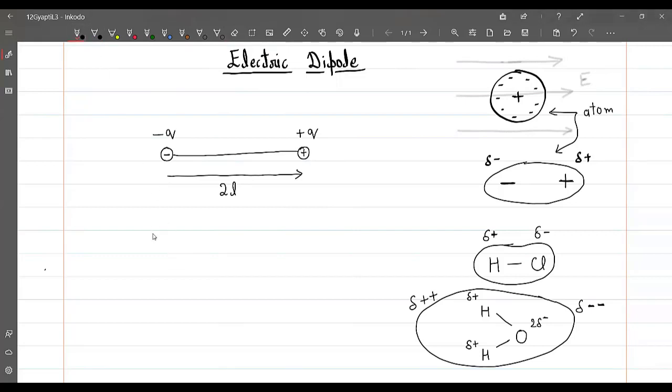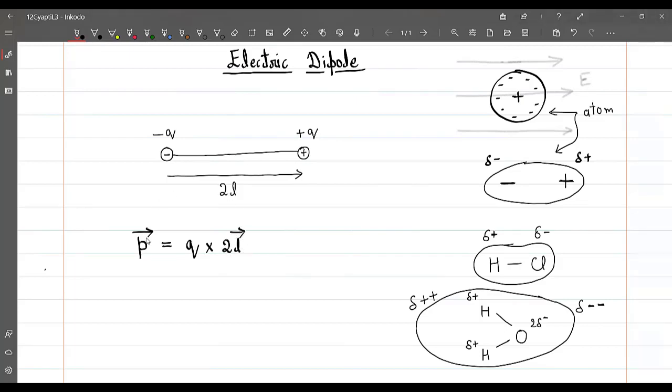What that means is we'll define a quantity known as P vector, which will give us the property of the system. So there are two things in this system. First are equal and opposite negative and positive charges. So first I will write that charge is a scalar. Then I need a direction, because dipoles have direction from negative to positive charges. The reason for that it will come. So P equals Q into 2L vector.